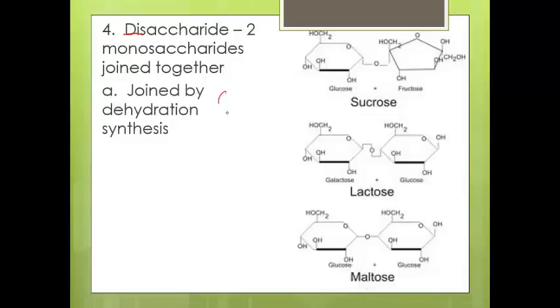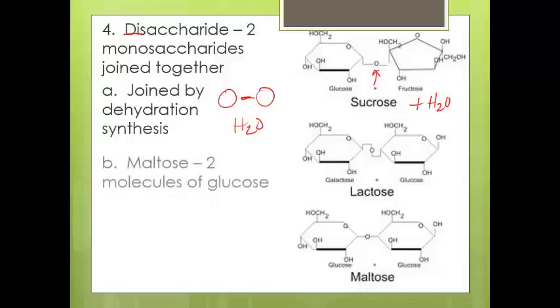So remember, you have maybe glucose here and glucose here. And if you take out water, then you create a bond that holds those 2 together. So all of these were bonded together by dehydration synthesis. They lost a water. We could add water to all of these. We have to make a water in order to bond the 2 smaller monosaccharides together.